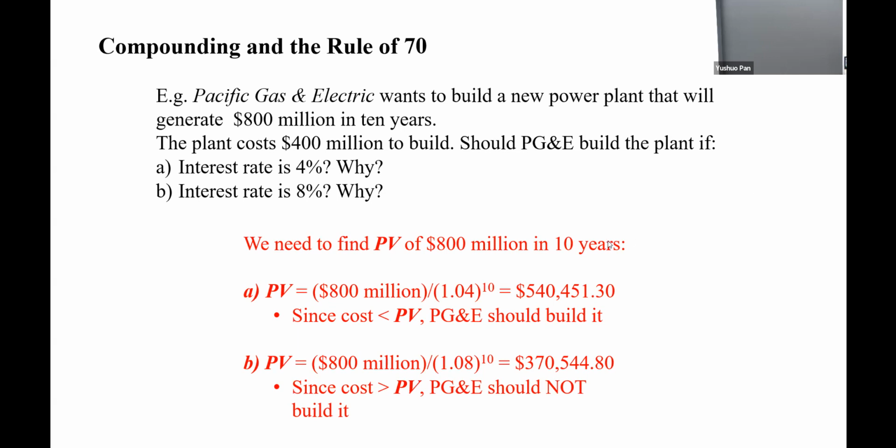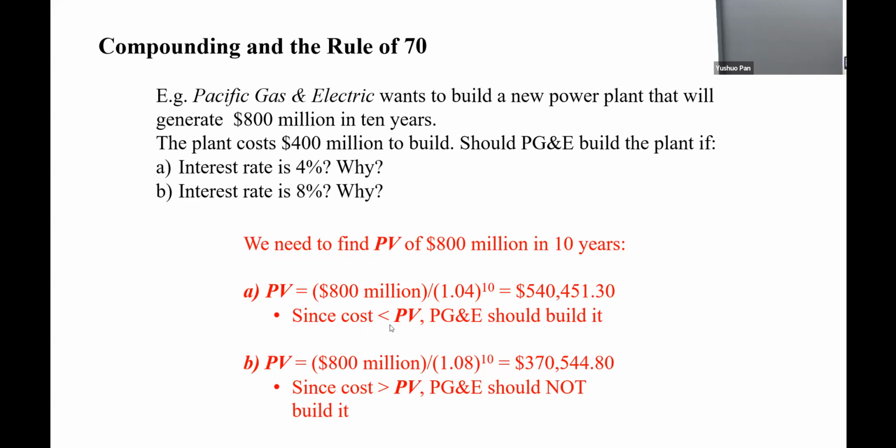We need to find the present value of $800 million in 10 years. That's the future value, that's the interest rate, and 10 years, and we can get that the present value is this amount of dollars.